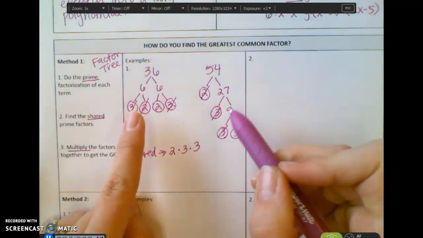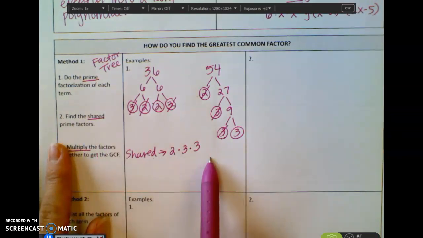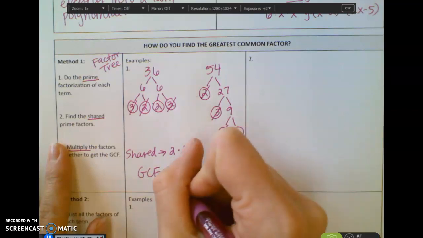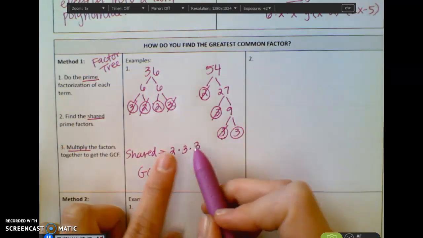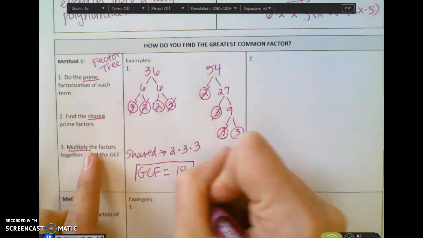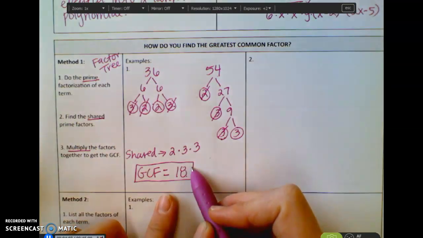They share 2 and 3 and 3. So that's step 2, finding the shared prime factors. Now our GCF, to get that, we just multiply these together. 2 times 3 times 3 gives me 18. So my GCF of 36 and 54 is 18.